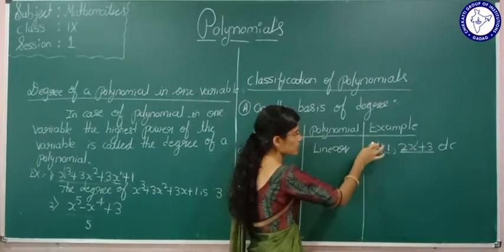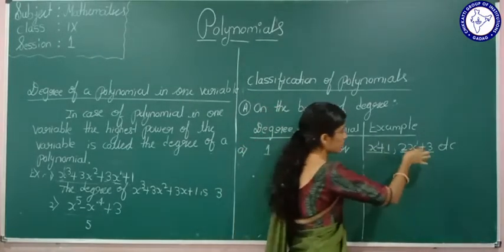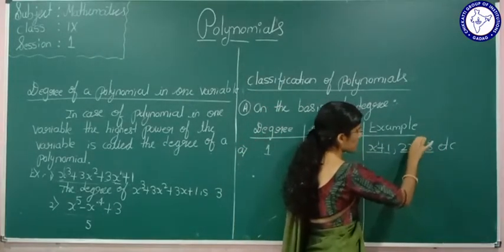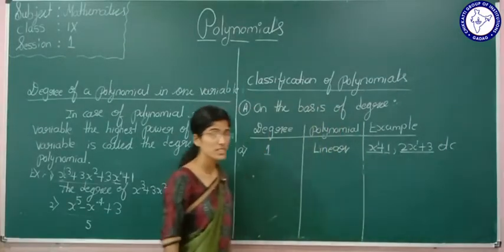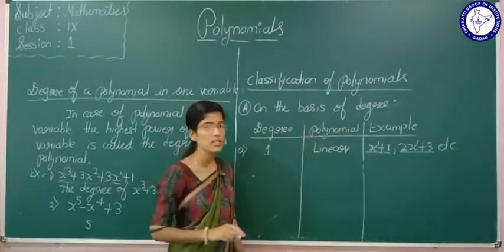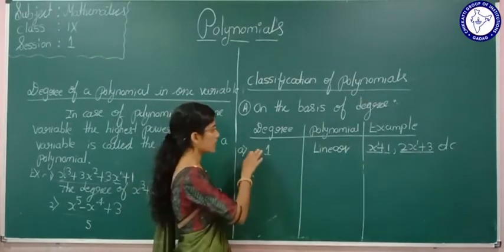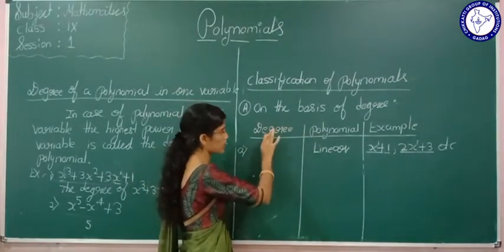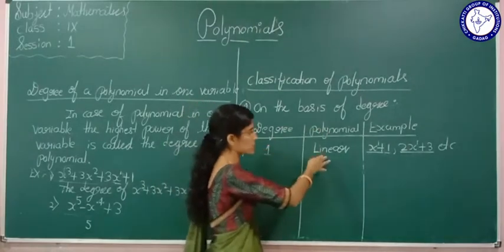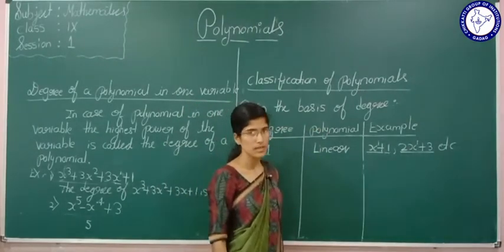Definitely the degree of this polynomial is 1. Then what is this called? This is called linear polynomial. What is the meaning of linear polynomial? If the degree of the polynomial is 1, that is called linear polynomial.